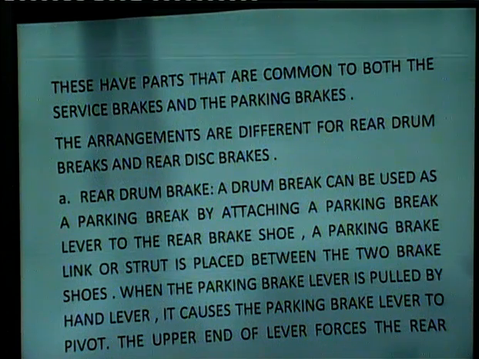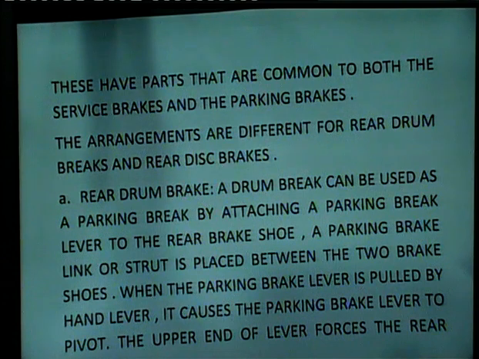A drum brake can be used as a parking brake by attaching a parking brake lever to the rear brake shoe. A parking brake link or strut is placed between the two brake shoes.